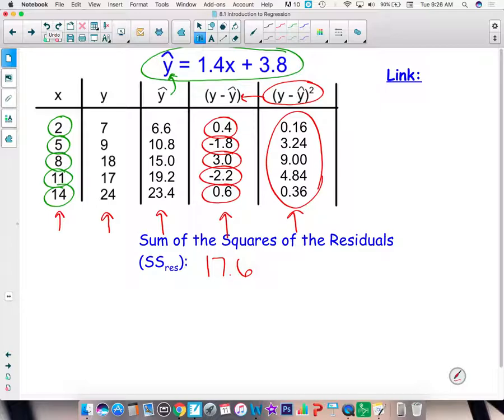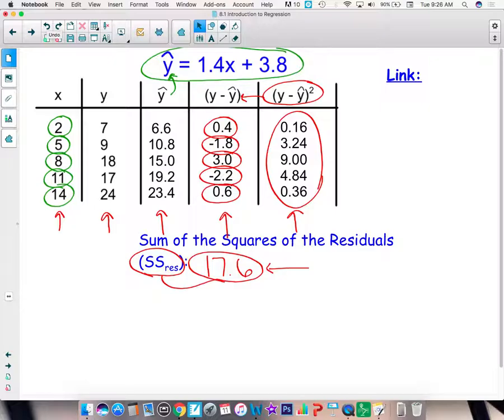Okay, so that's the sum of the squares of the residuals, and that's what that is right there. So we're going to use this number later on in our next calculation. Not today, though. The smaller the number here, the better the data represents the line. Okay, so a smaller number here is good. All right, so that is the sum of the squares of the residuals.